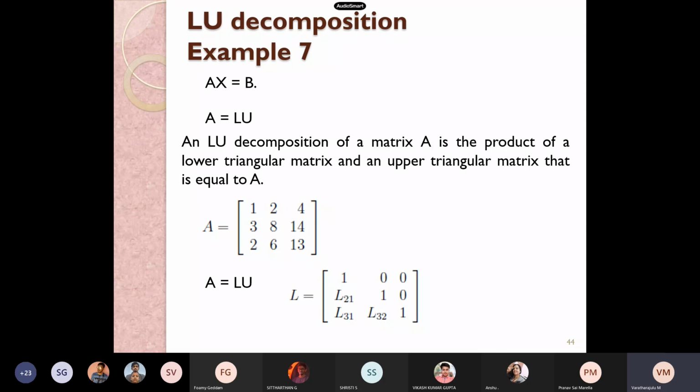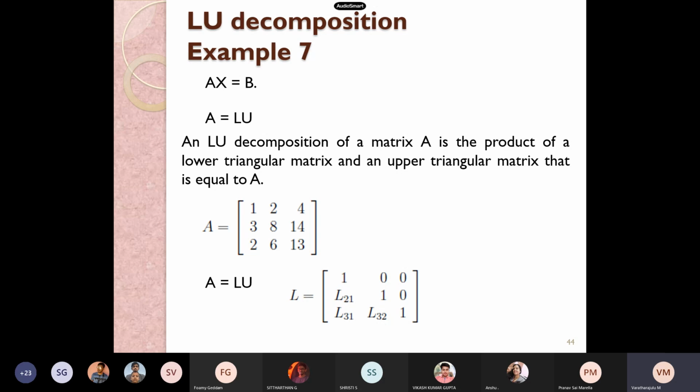A mistake that can be made during this LU decomposition is that you may start with L11 usually, then L21, L22, and L31, L32, L33. But that won't be a task.